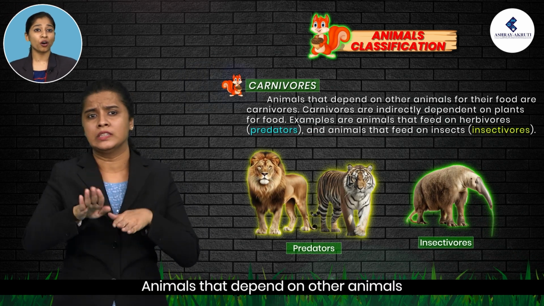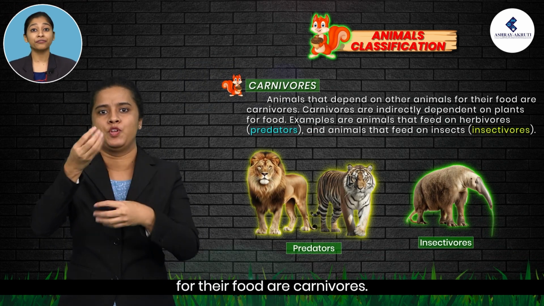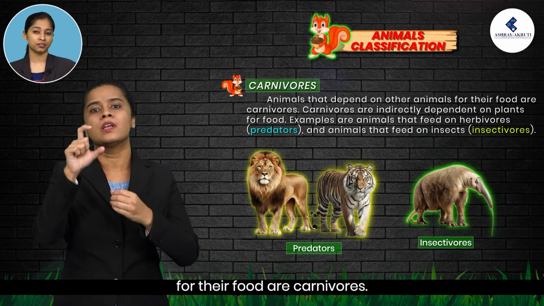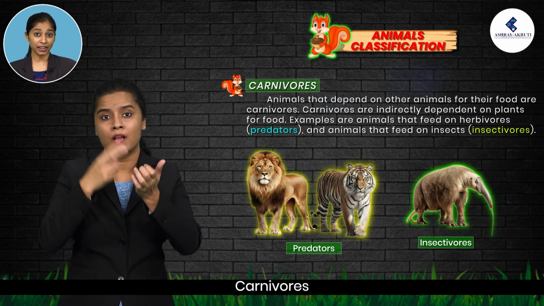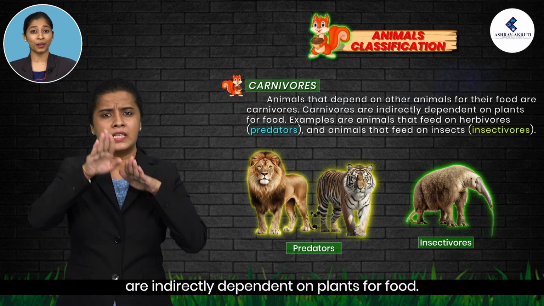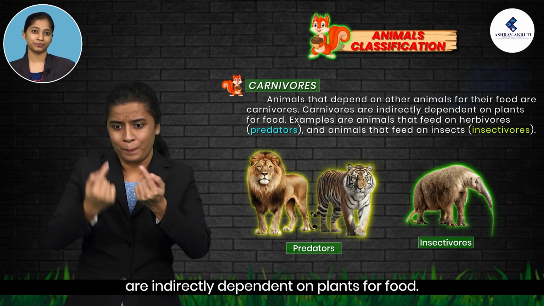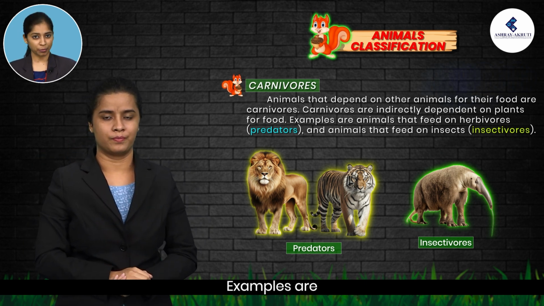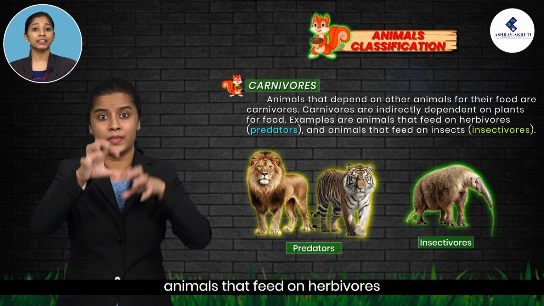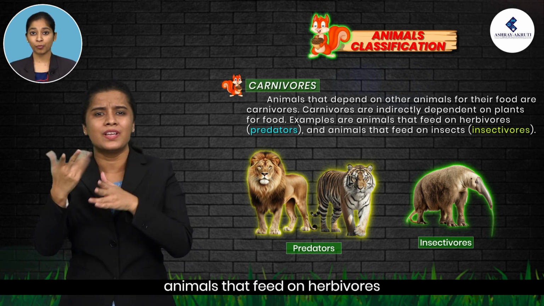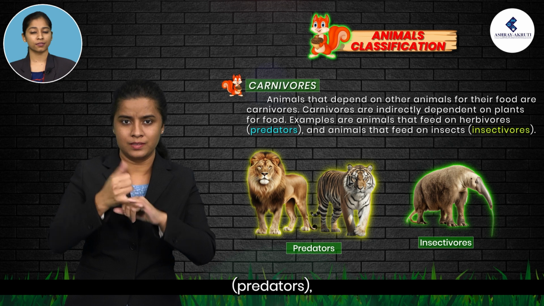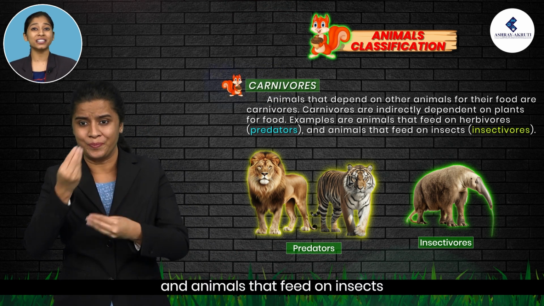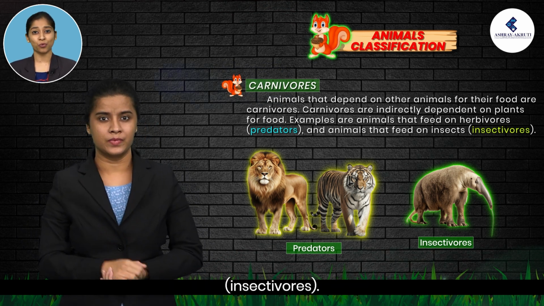Carnivores: animals that depend on other animals for their food are carnivores. Carnivores are indirectly dependent on plants for food. Examples are animals that feed on herbivores, predators, and animals that feed on insects, insectivores.